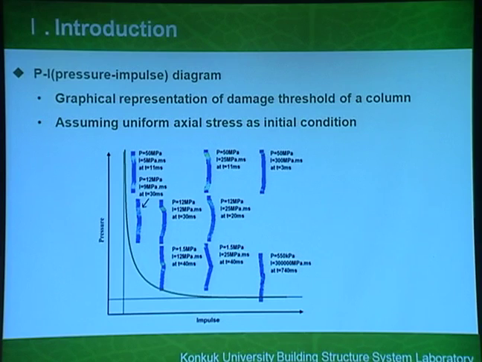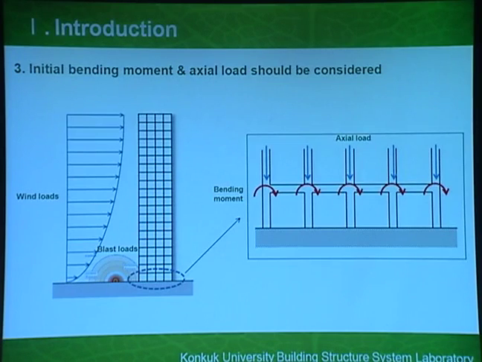So we came up with another method to replace this PI diagram. The reason we investigate another method is that the column in a tall building is subjected to bending moment as well as axial force.